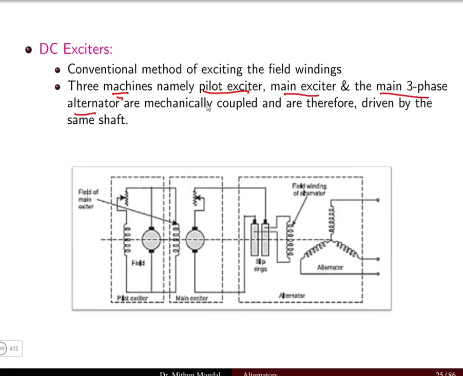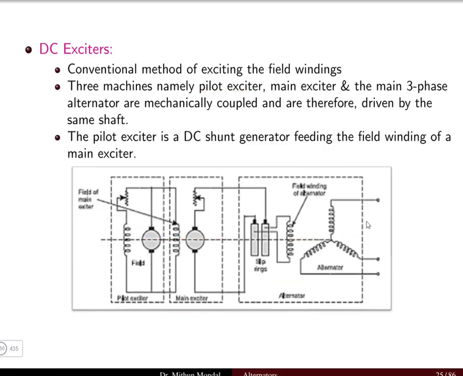So these three machines are mechanically coupled and therefore driven by the same shaft. If we see from the diagram, we have the pilot exciter, the main exciter and the three-phase alternator. So these are driven on the same shaft of the alternator.